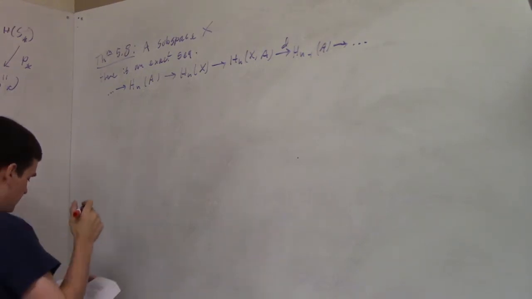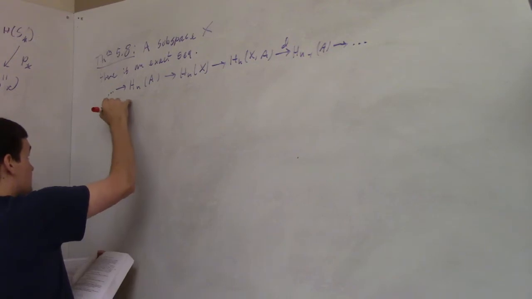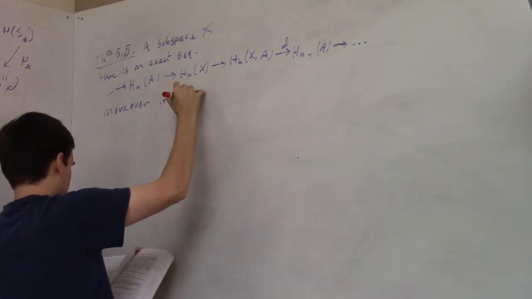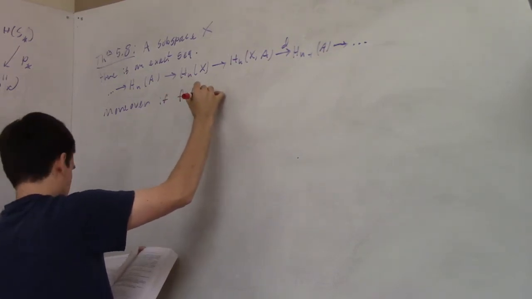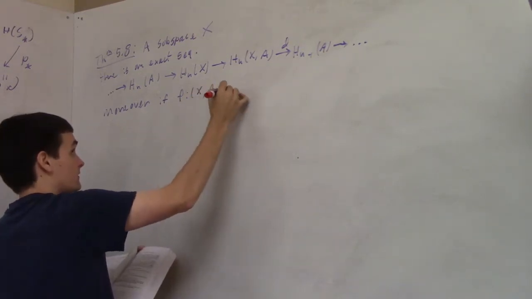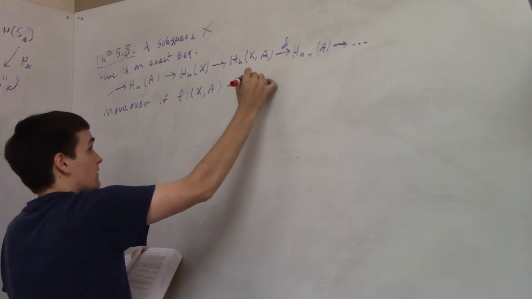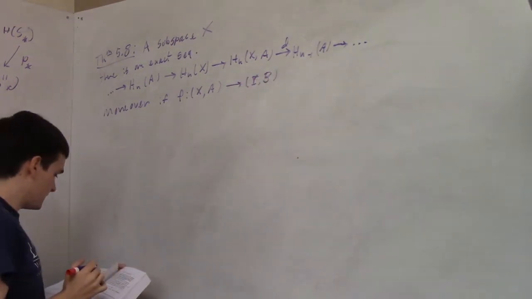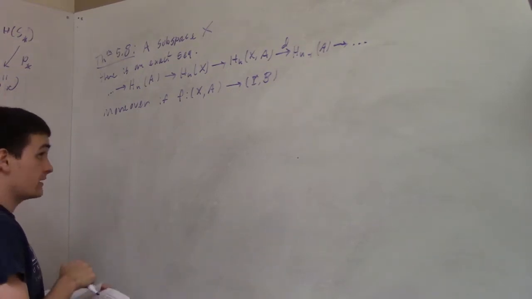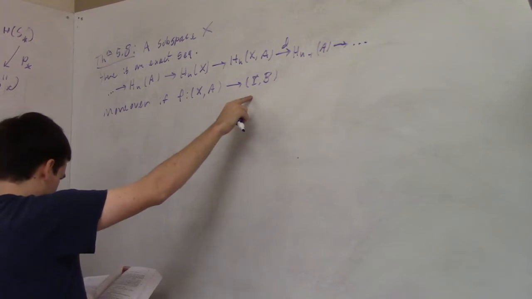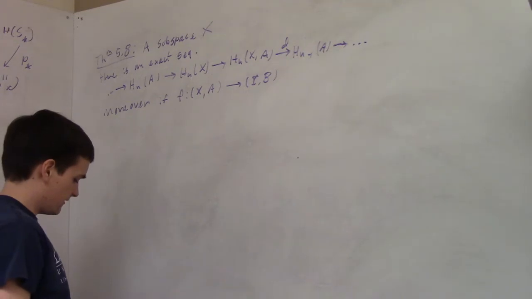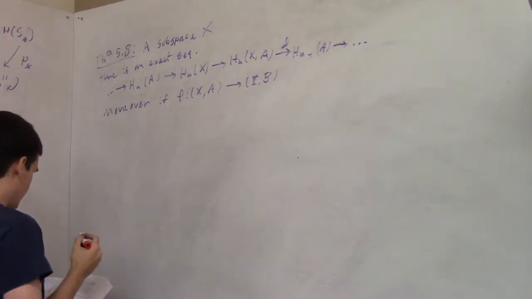Moreover, if f is a continuous map from X, A to Y, B, where B has to be a subspace of Y here, like we did earlier with the topological pairs, then there's a commutative diagram.